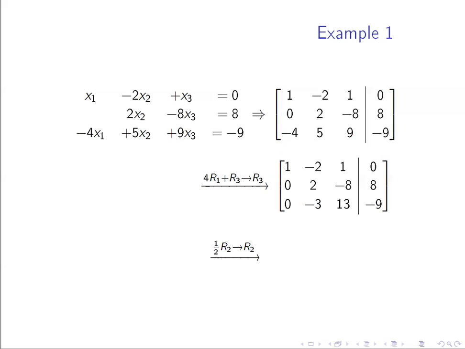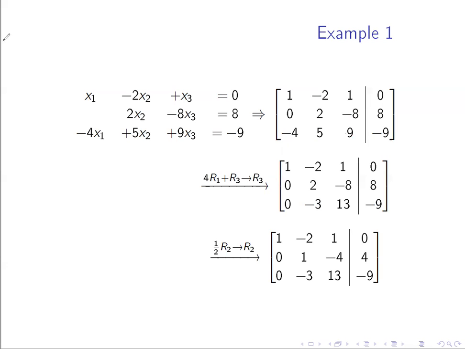Something we can do first: notice that if we multiply row 2 by 1/2, which is scaling a row, it changes it. 0 times 1/2 is 0, 2 times 1/2 is 1, -8 times 1/2 is -4, and 8 times 1/2 is 4. And we get this.